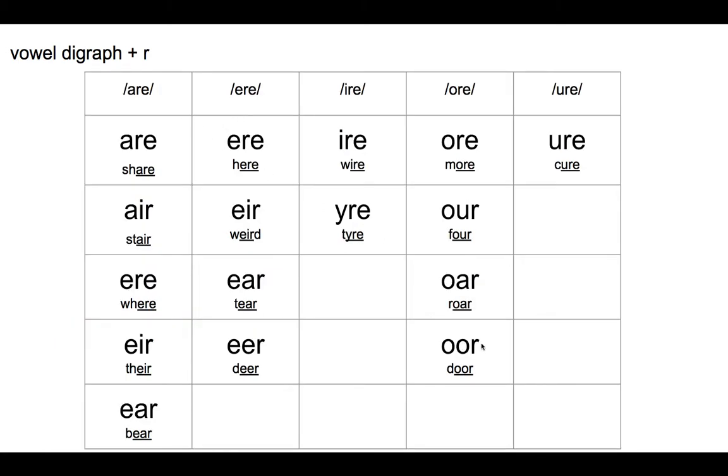So these are the trigraphs formed when a vowel digraph and R come together. In the first row, you could see the split digraphs A, E, I, O, U, and R between them. And here you could see some of the digraphs A, E, OW, O, U, and R coming after them.